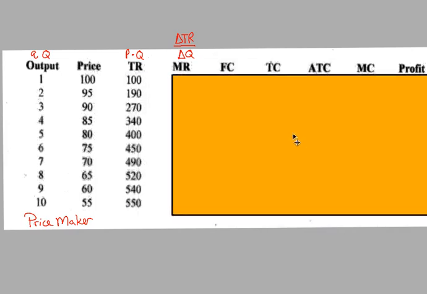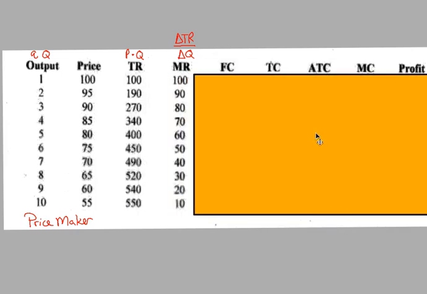So here's what I got for the marginal revenue and the total revenue. And let's just take a look at how I got a couple of those numbers. So total revenue right here is just output 1 times the price of 100. If the company produces 1 unit of the good, they sell it for $100, their total revenue will be $100, price times quantity.